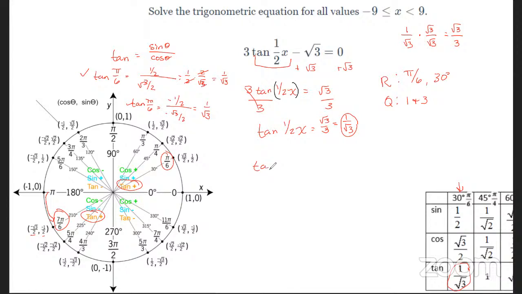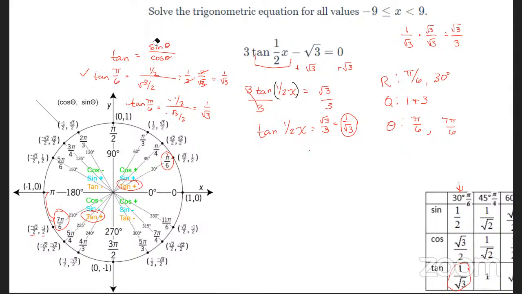So we know that tangent of our angles, which is pi over 6 and 7 pi over 6, either one of those, tangent of pi over 6 is going to be equal to 1 over radical 3. Well, I have that written over there, so I don't need to rewrite it.